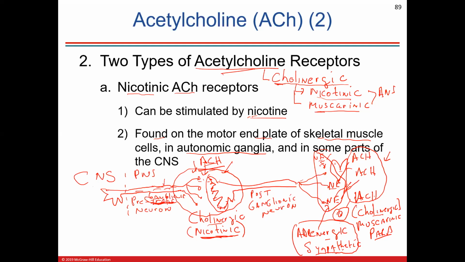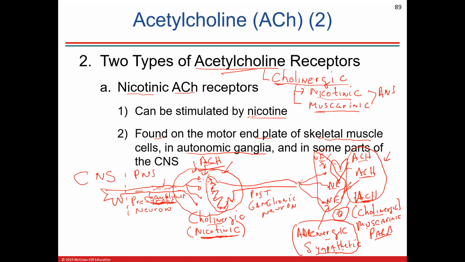But only to the sweat glands. So it's the only time that happens. Otherwise, for parasympathetic, the receptors on the effectors like heart, blood vessels, digestive tubes, all of that, which is smooth muscle, and the glands are cholinergic parasympathetic.